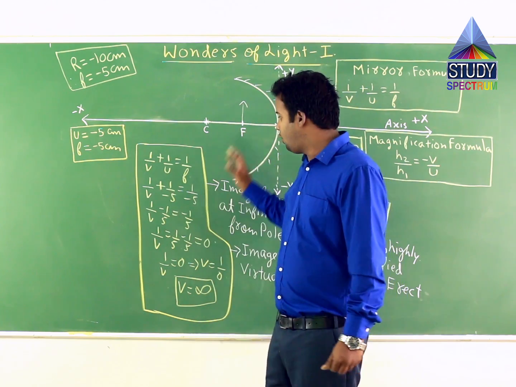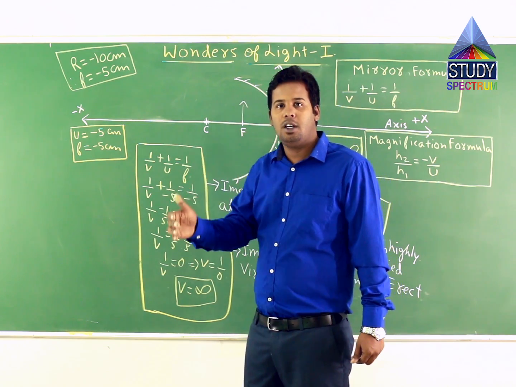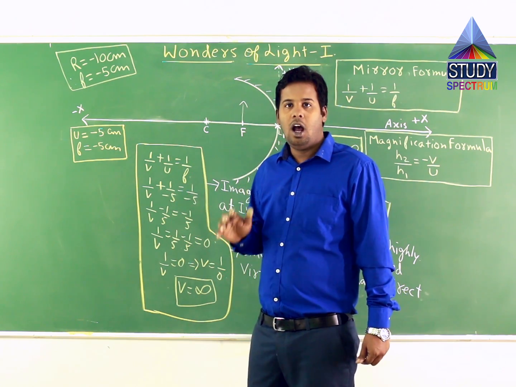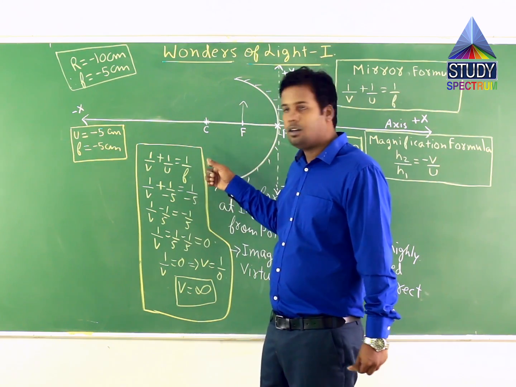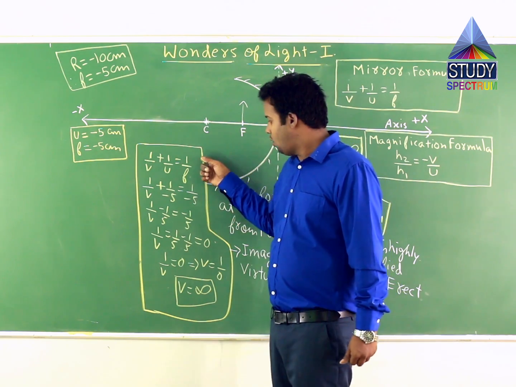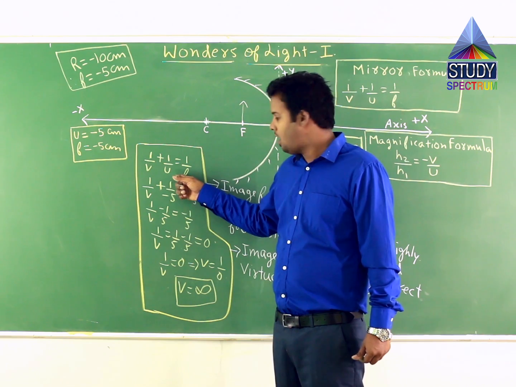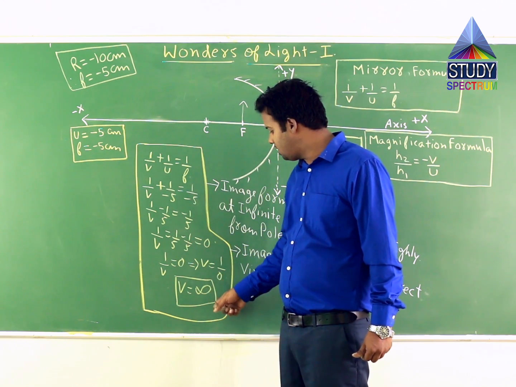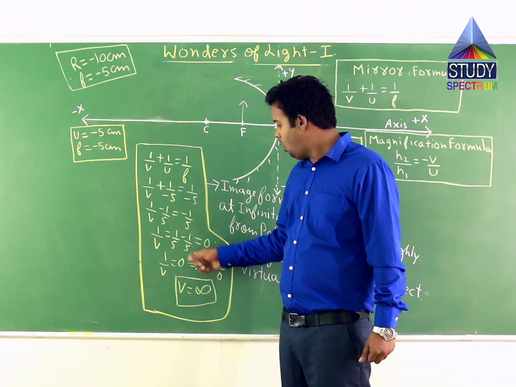Right? Now to get the first two results, that is where the image is being formed, position of image, and whether the image is real or virtual, we have used mirror formula as done in previous cases also. So I have substituted the values of u and f in this mirror formula, and finally I have got the answer as v is equal to infinity. Correct? How?